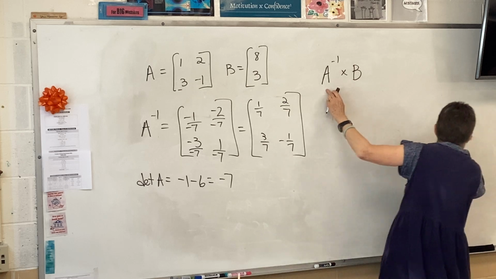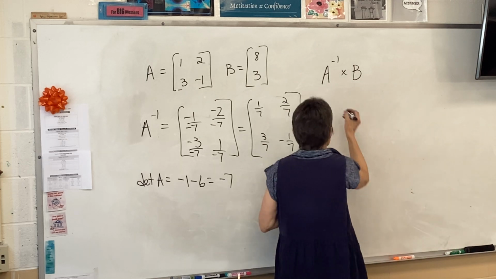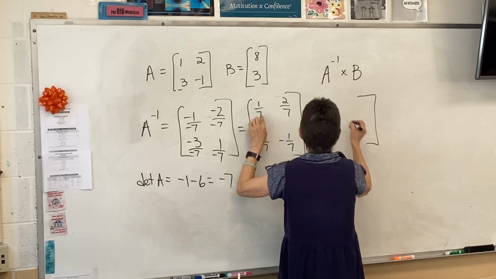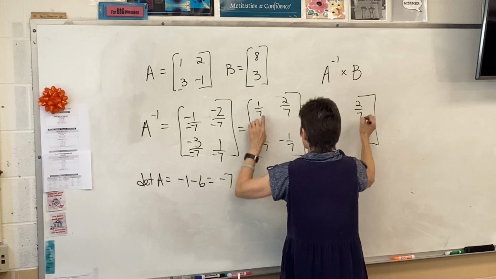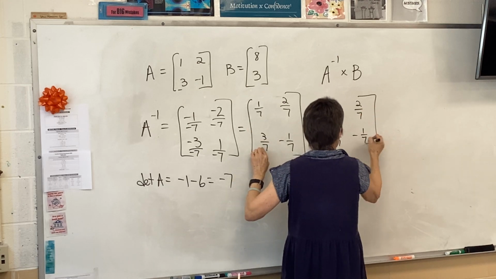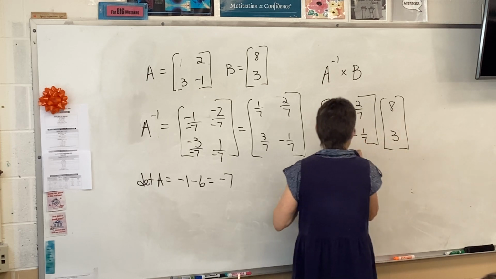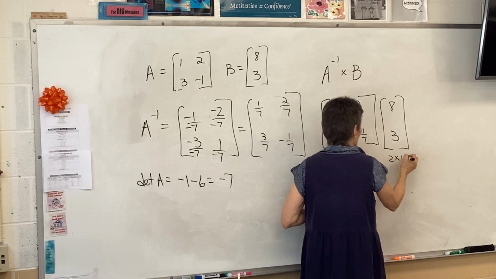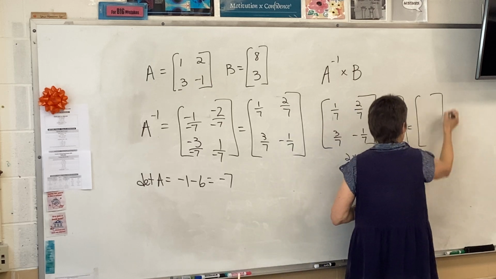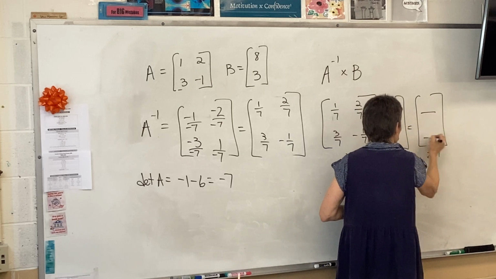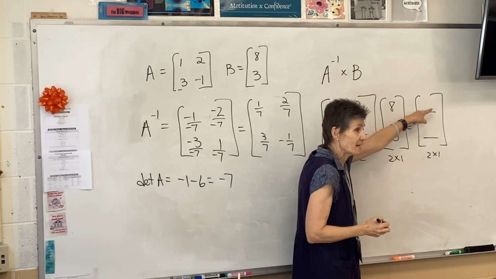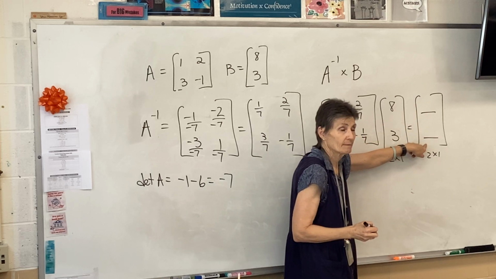This says take A inverse times B. So A inverse is this, and that's going to be multiplied by this. That's a 2 by 2 times a 2 by 1, and that's perfectly okay. It's going to give me another 2 by 1, which is going to be my answer, X, Y.